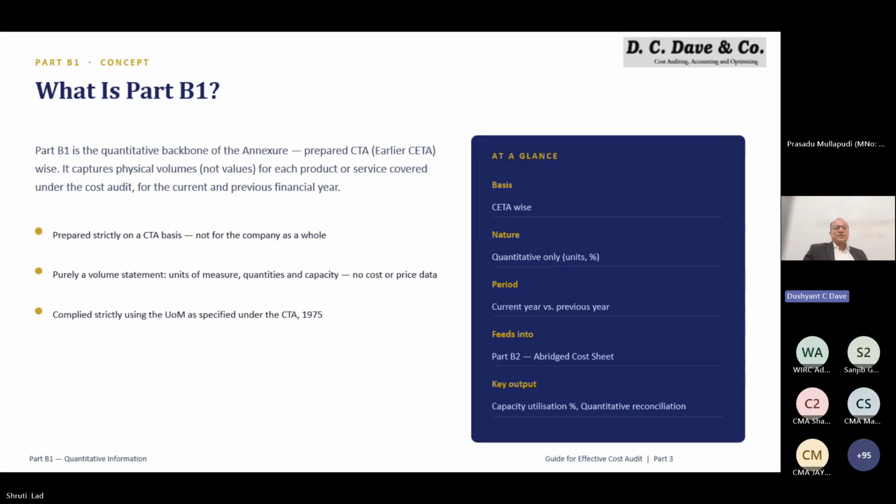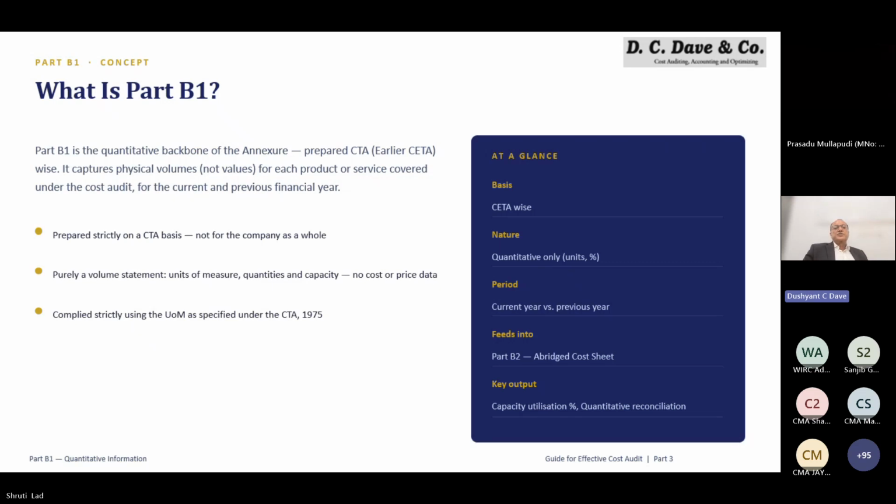For example, production quantity is used for cost per unit, inventory valuation, capacity utilization, material consumption analysis, utility consumption analysis, cost variances, and productivity analysis. Therefore, if production quantity itself is incorrect, every subsequent analysis becomes incorrect and misleading.